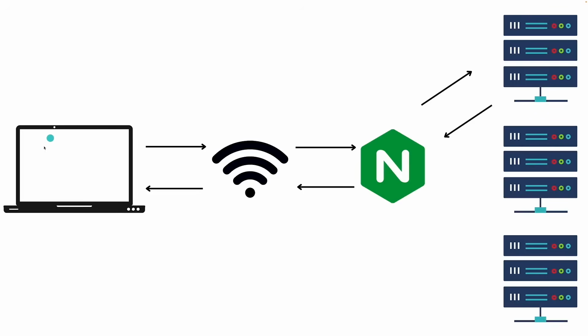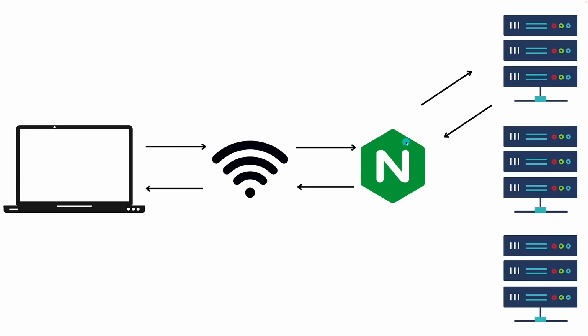So instead of the client worrying exactly where to make the request, it's just going to make a request straight to the internet, and that's going to be caught by NGINX, and then it's NGINX's responsibility to forward that request to any particular server that it chooses. This is typically done by a specific algorithm.